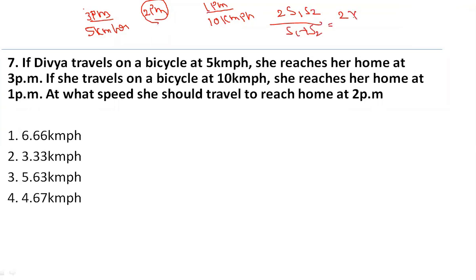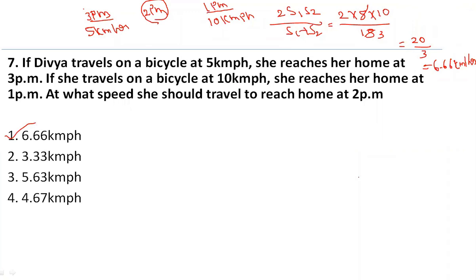S1 is 5 and S2 is 10. So divided by S1 plus S2, 5 plus 10 that is 15. 5 ones and 5 threes. We get 20 by 3, which is 6.66 kilometer per hour. Option 1 is the answer.